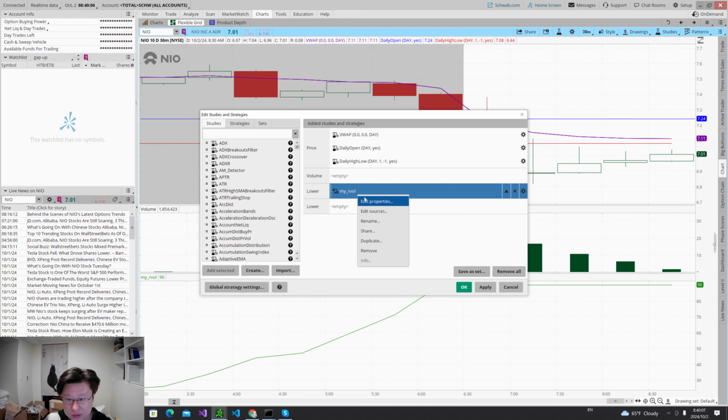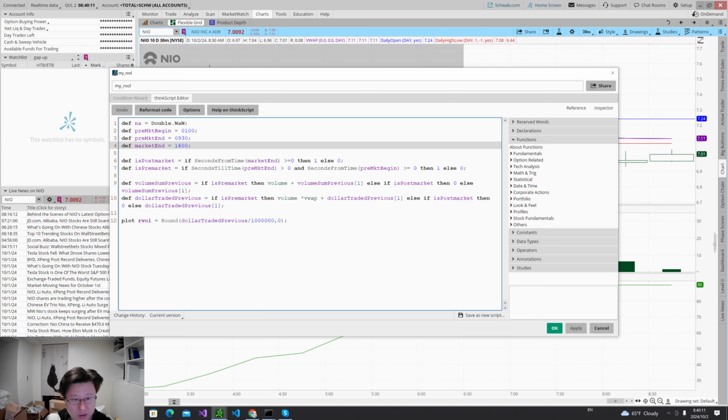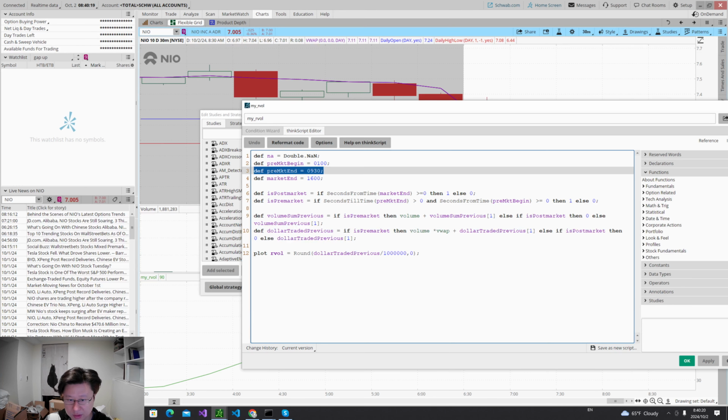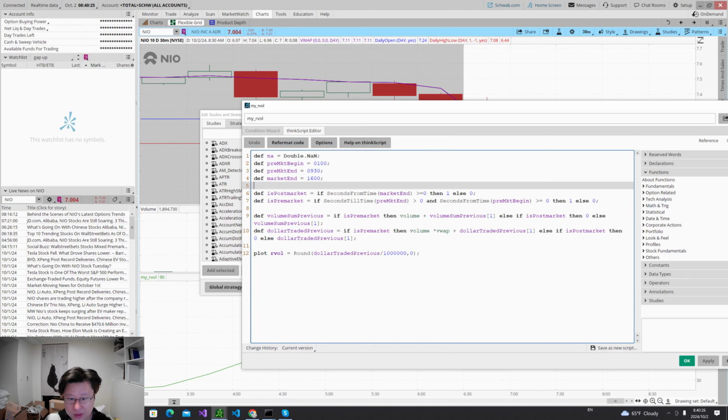I have this section. So basically, I mark out when the pre-market begins. It's 1 a.m. Pre-market ends at 9:30, which is the market open time, and market close at 4 p.m.